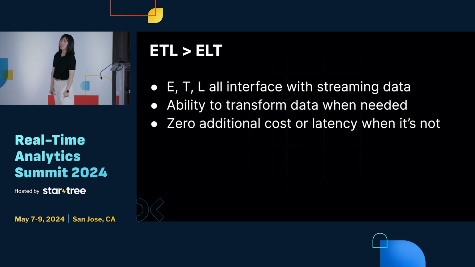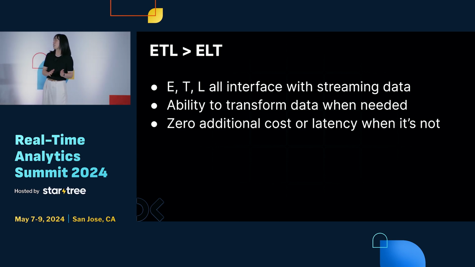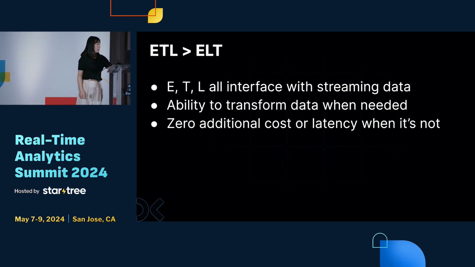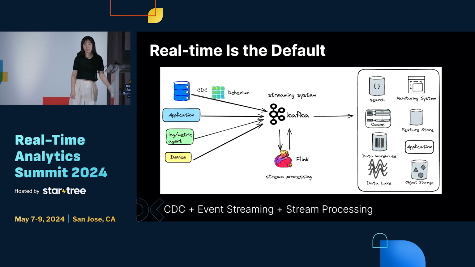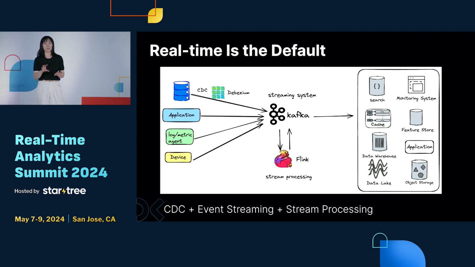And for ETL greater than ELT, again, the whole thing is T should be possible, but not necessary. As I showed in the design we have, you can see all the systems, the connections are interacting with Kafka or the streaming system. That makes the interface really easy because they all work with streaming data.